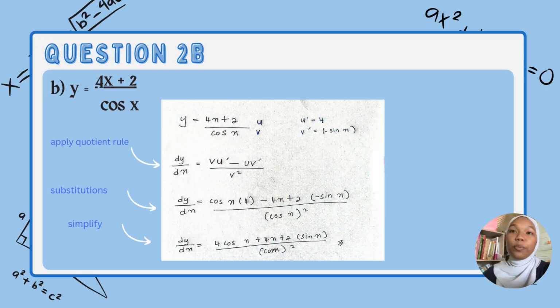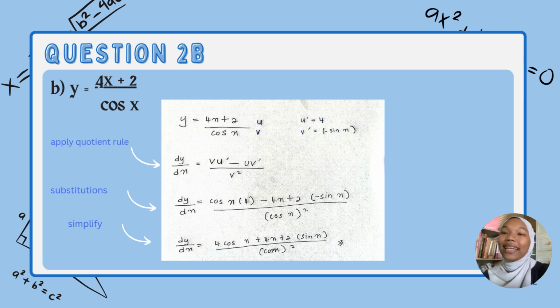For question 2b, we apply the quotient rule. The formula is v u prime subtracts u v prime divided by v squared. Make sure to use the quotient rule formula. We can write dy over dx is cos x in bracket 4 subtracts 4x plus 2 in bracket negative sin x, divided by cos x squared.